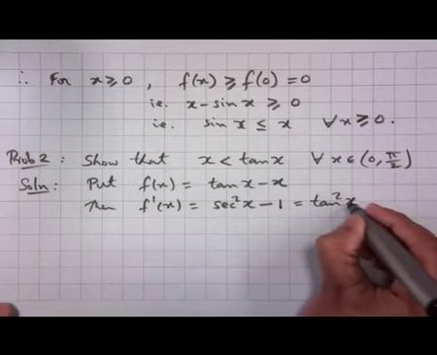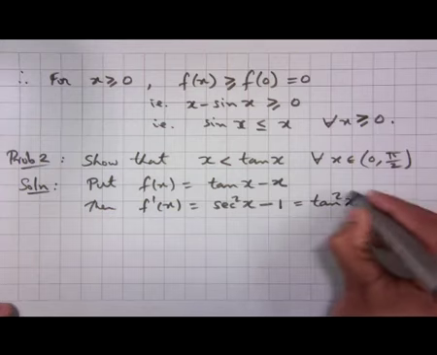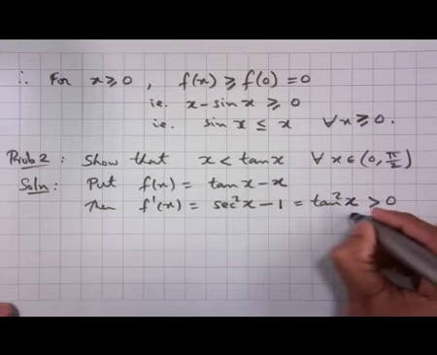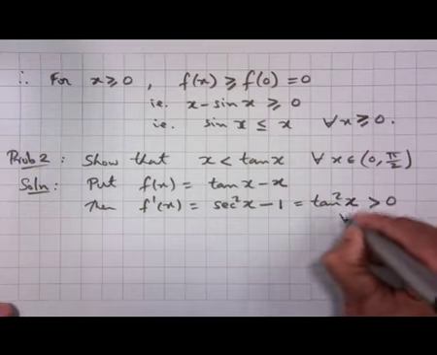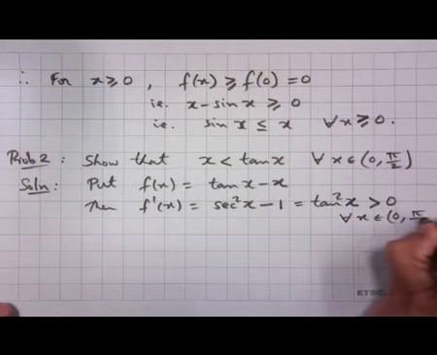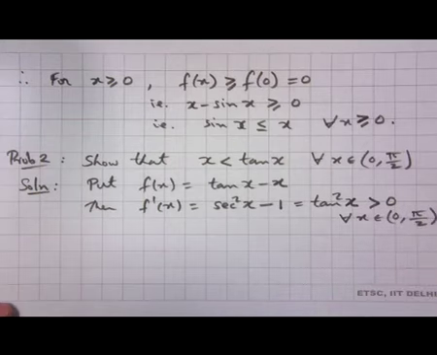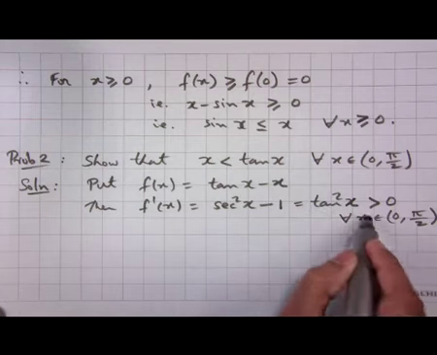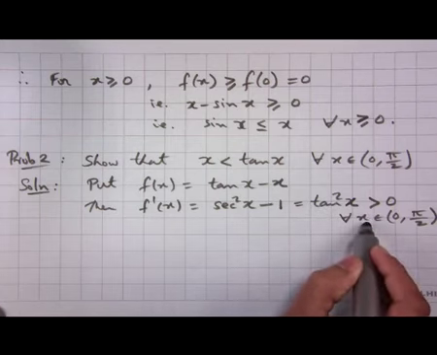And we know that tan x is strictly greater than 0 for all x in the open interval 0 to pi by 2, because tan of x is 0 only at integer multiples of pi.